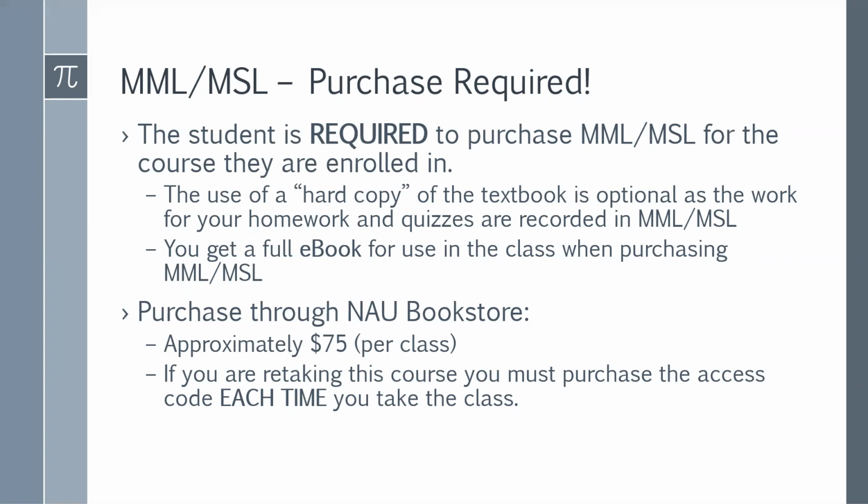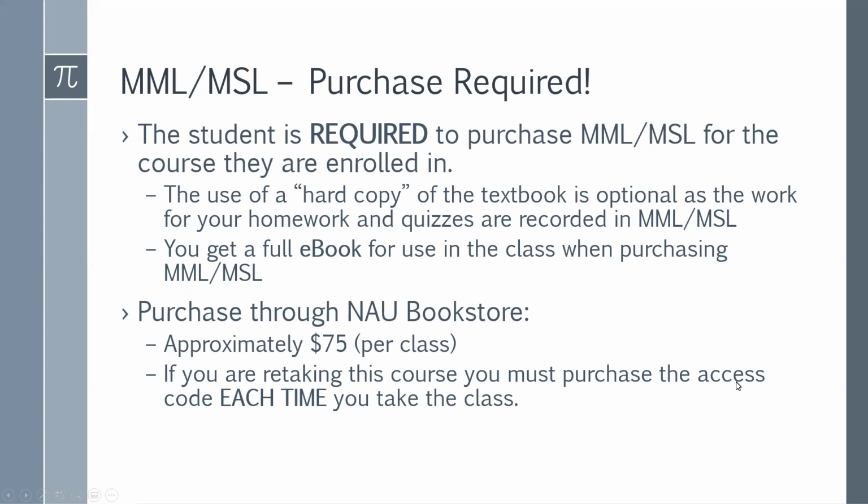Hopefully for your MA2000 or the MA3000, you only have to take it once. But I always like to bring that to everybody's attention, that the access that you are going to purchase is for one class, for the 11 weeks that you take that respective course. So if for some reason you have to repeat the course, you would have to purchase that access again. I always like to bring that to everybody's attention in terms of the way that it is set up.